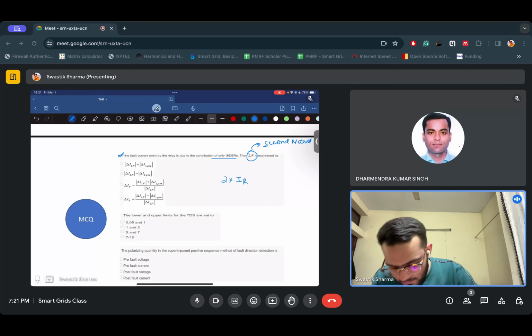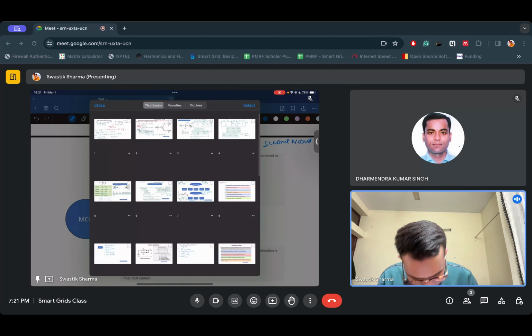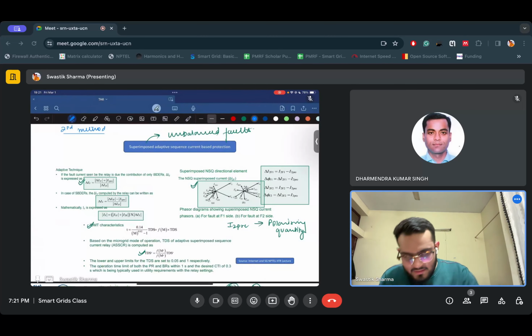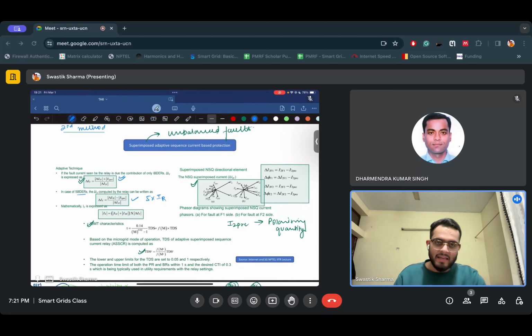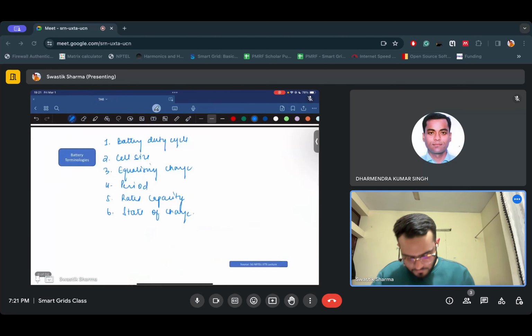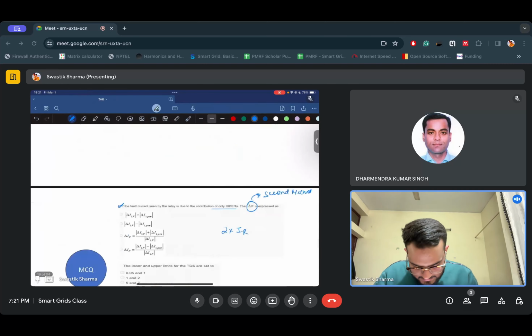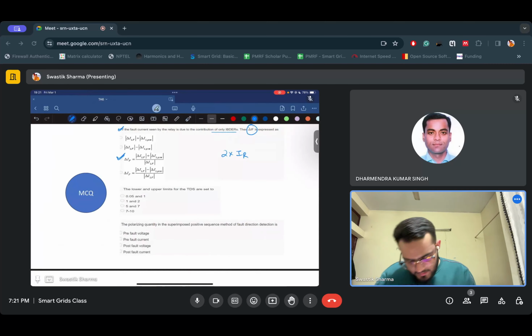Let me give you a brief recap. Because the amount of current being seen by the inverter based DR is less, the index that we use is this, where we add the pre-fault current to the superimposed fault current. For SBDR, where this current is 5 times the rated current, we decrease the delta IF by subtracting the pre-fault current from the superimposed current. So the answer is C, right?